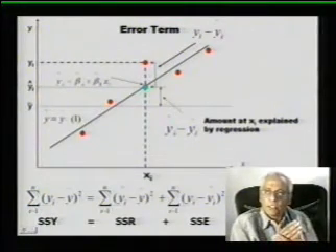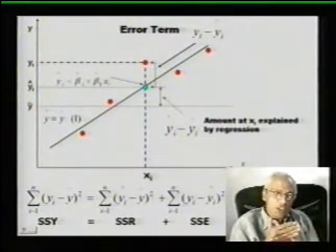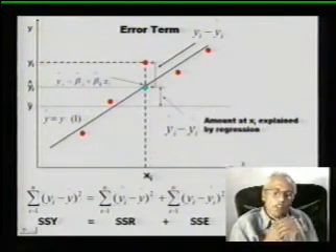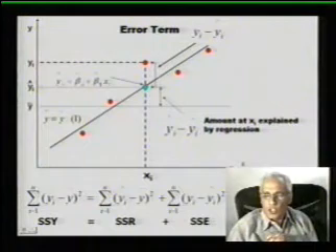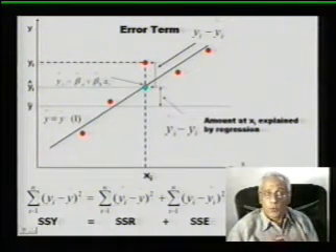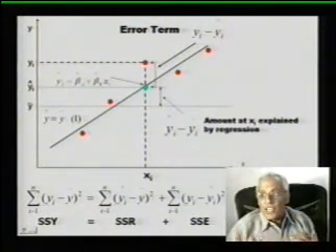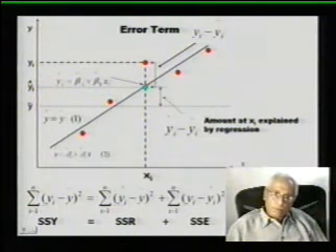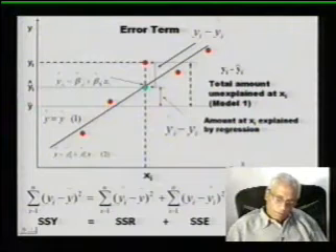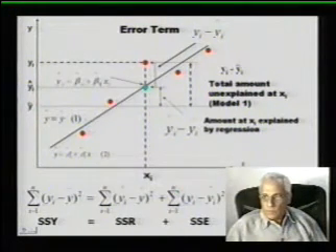One component is the deviation between the actual value and the predicted value. The other component is the difference between the predicted value and the average of all y's. And that gives us the total deviations.